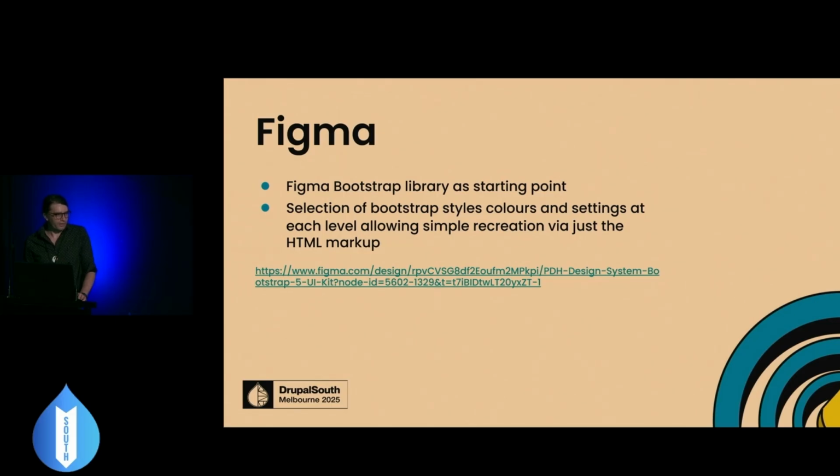Within Figma, for the designs, we used a Figma Bootstrap library as a starting point, and I'll just load this up. I do actually have this open in another tab, so we don't have to wait.